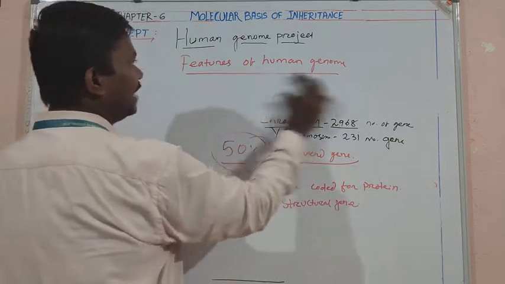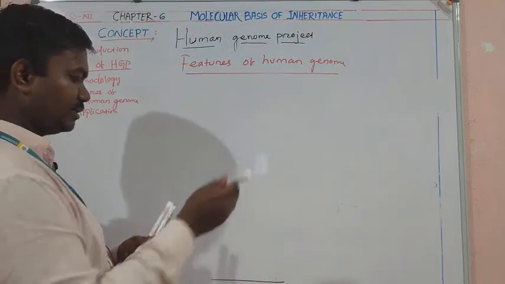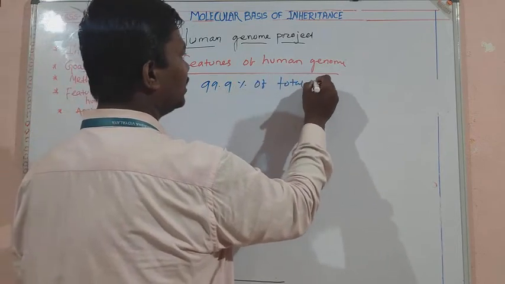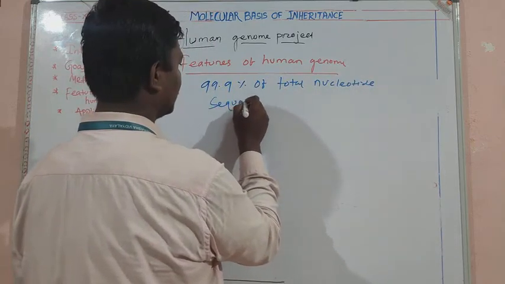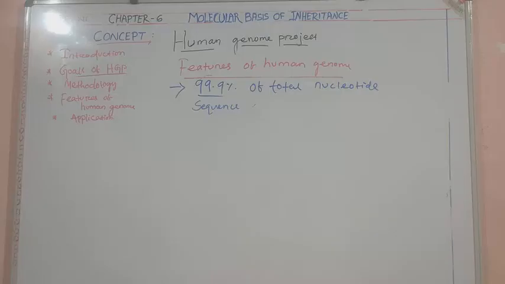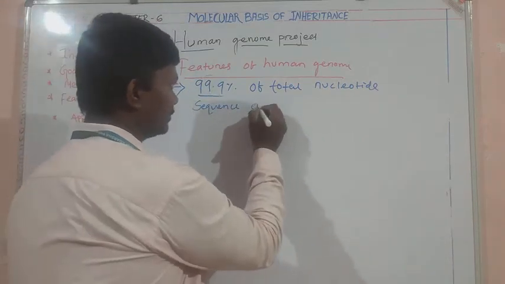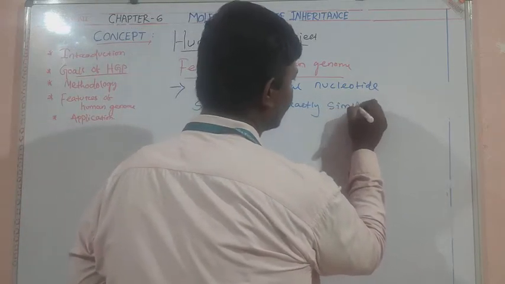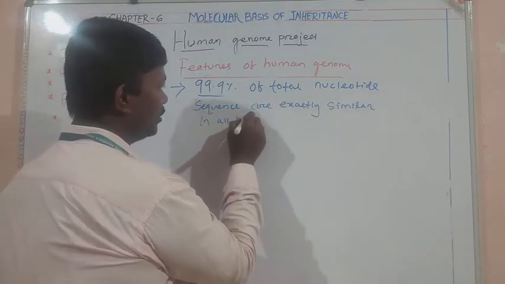Then 99.9% of the total nucleotide sequence is exactly similar in all humans.